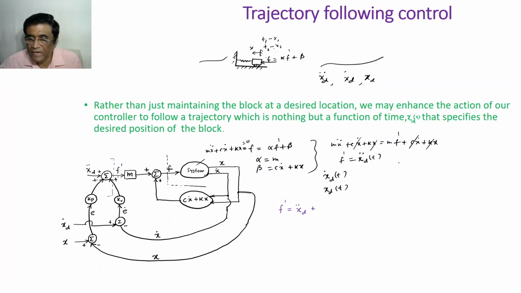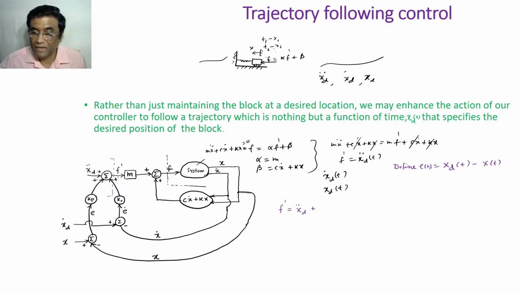Plus, and I am defining, so when you have a desired value, and these are actual values that you are getting from the system, then I will have to define error equals desired value. In fact I will first write correctly and then incorrectly. So what is this? Xd(t) is the desired trajectory, x(t) the actual trajectory.